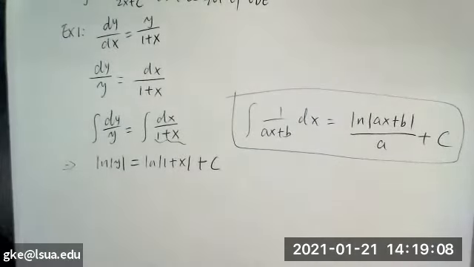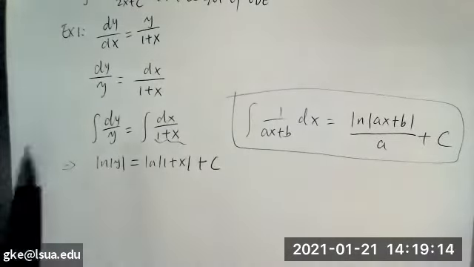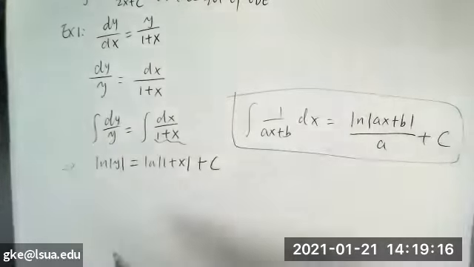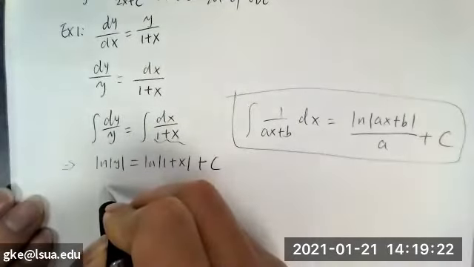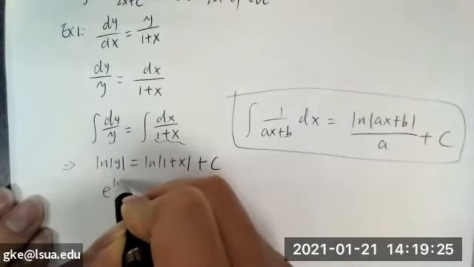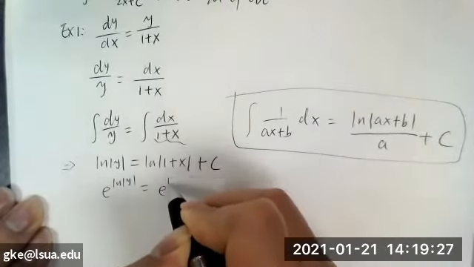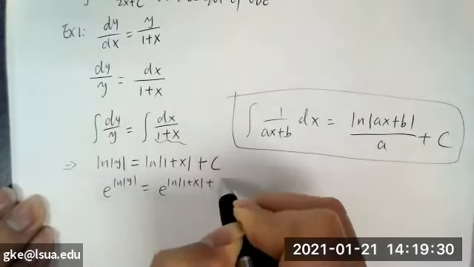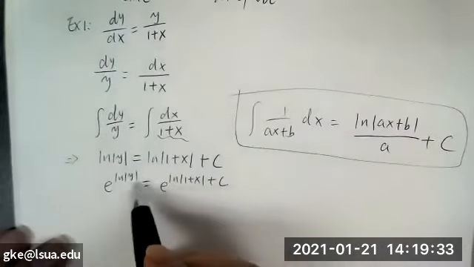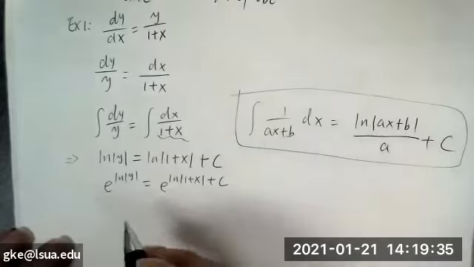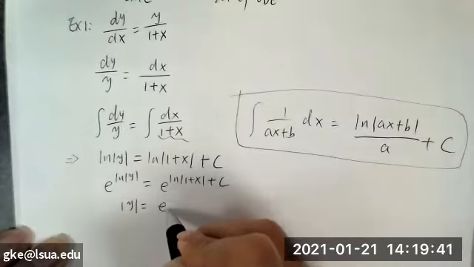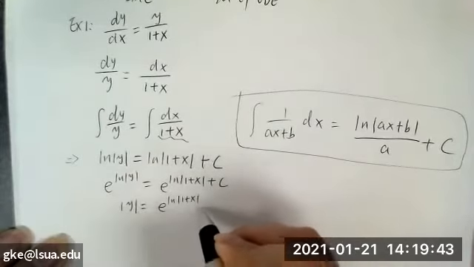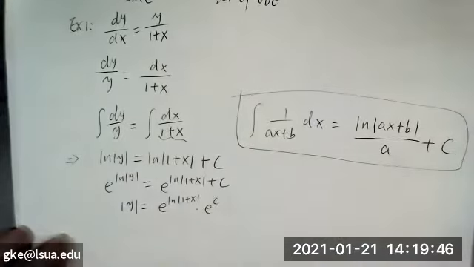Okay. But however, we can continue to simplify this guy. How to simplify it? Let me show you. We do the exponential for both sides. Okay, and the exponential of this guy, we have what? This guy is gonna give you y.